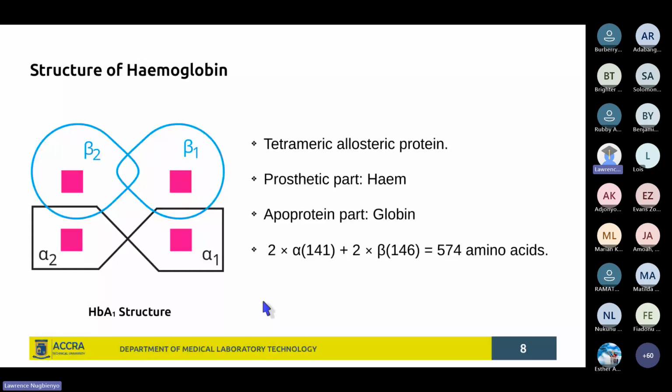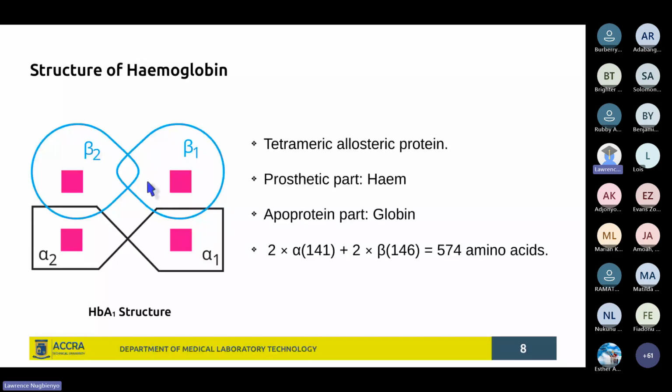And I believe when you talked about quaternary structure of proteins, the example of hemoglobin was given to you. Now you see, hemoglobin is made up of 4 subunits.